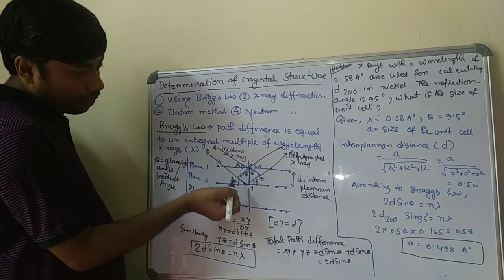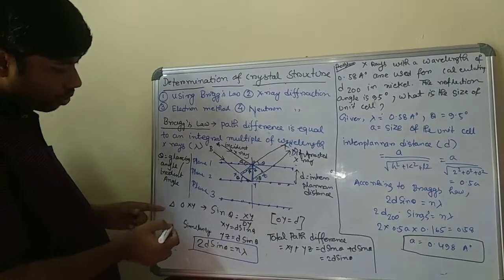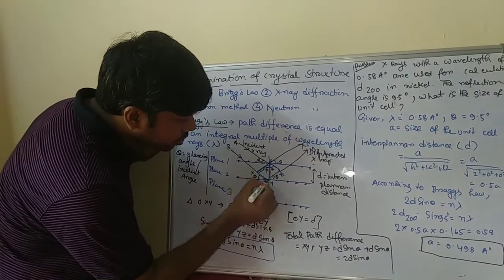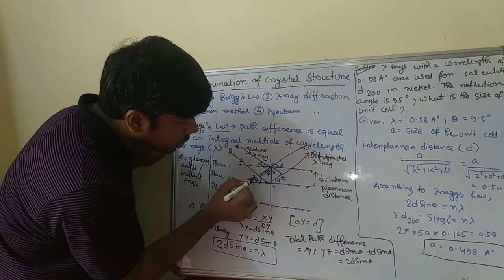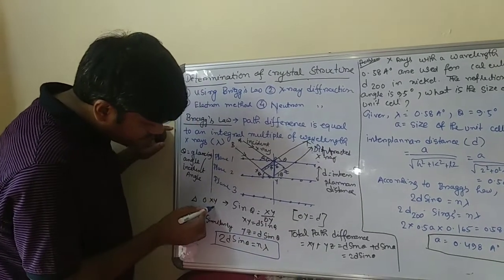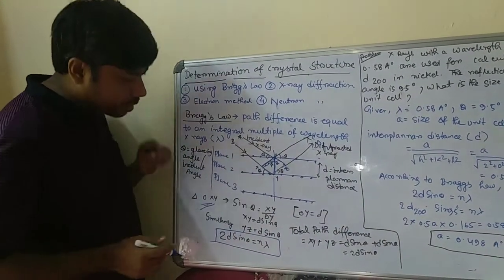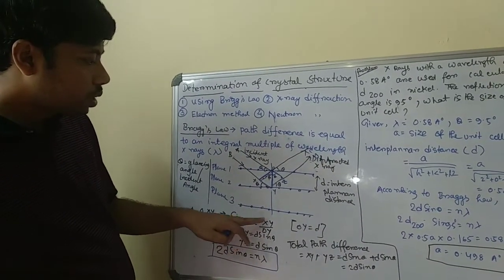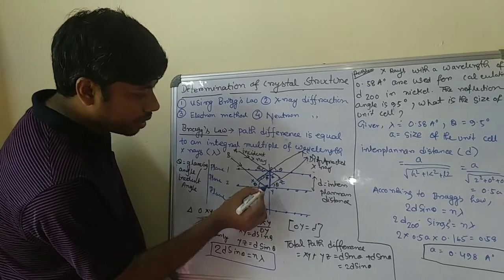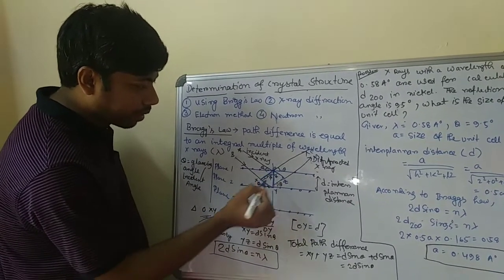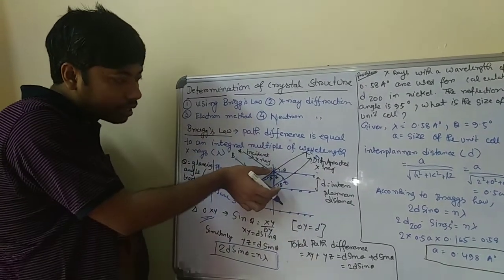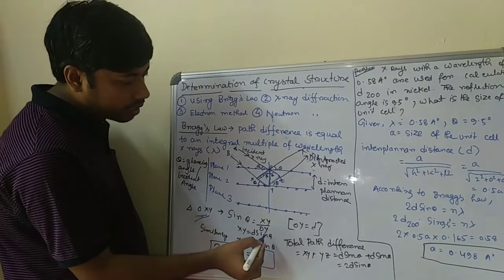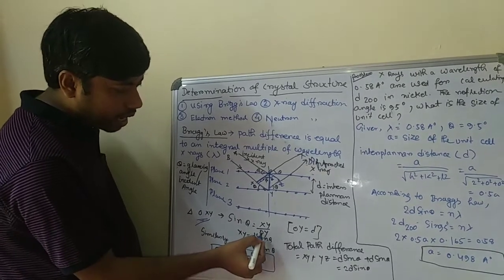Now, if you draw a triangle, suppose this is your triangle, O, X, Y. For triangle OXY, this is angle theta, so sine theta is equal to XY divided by OY. Now OY is the interplanar distance, that is d.